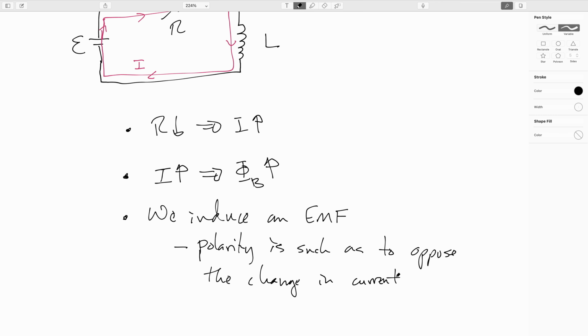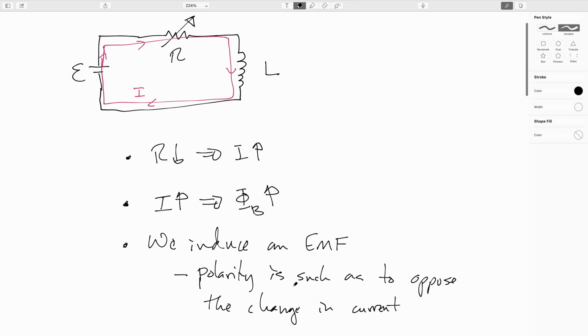I mean, it could be that way or it could be the other way, right? I'm asserting that it's this way. So why is that? I can think of at least a couple of different ways to argue this. Go ahead and pause the video and see what you come up with.